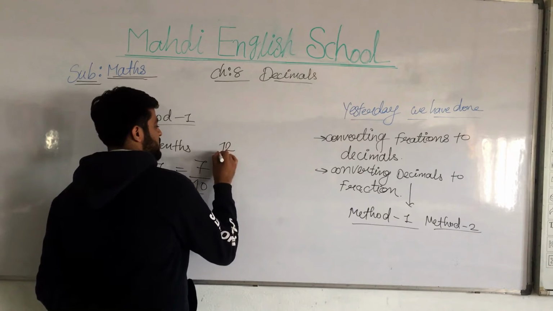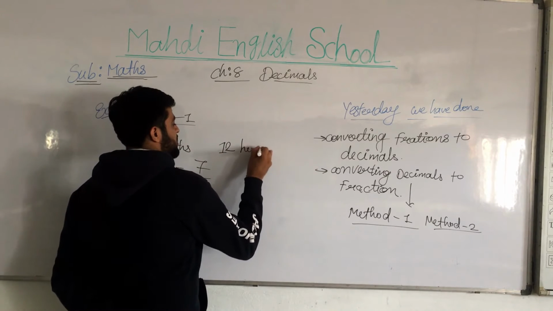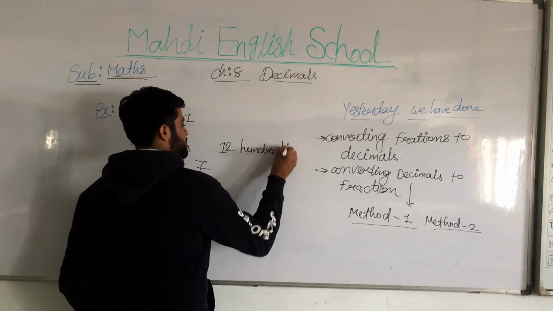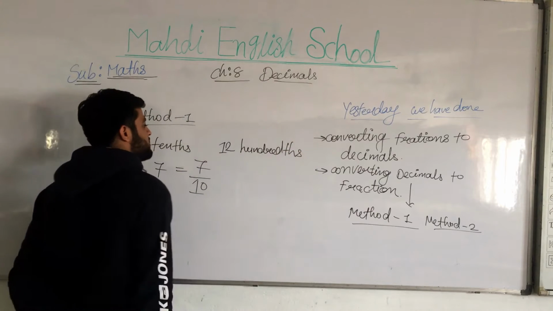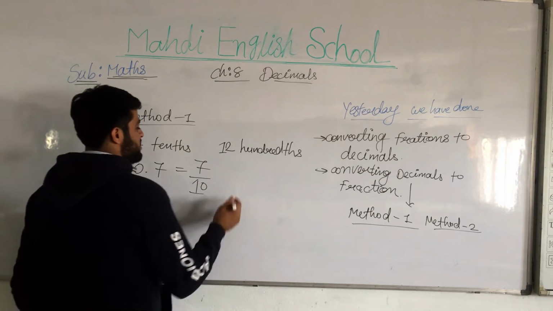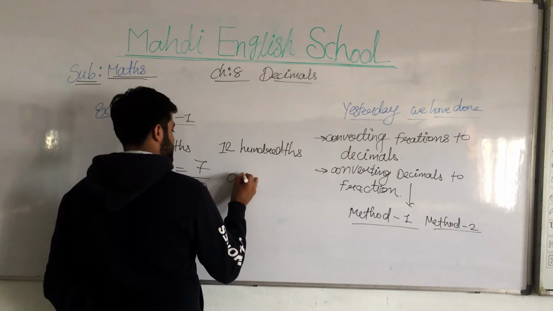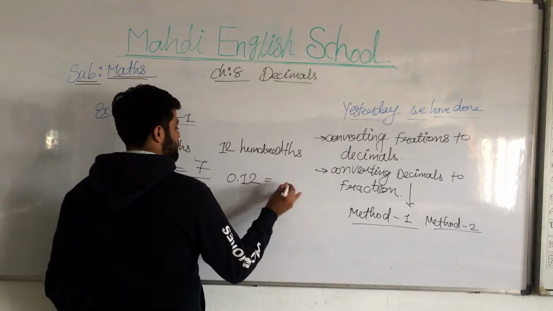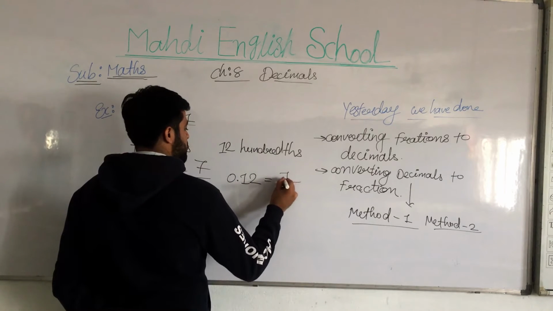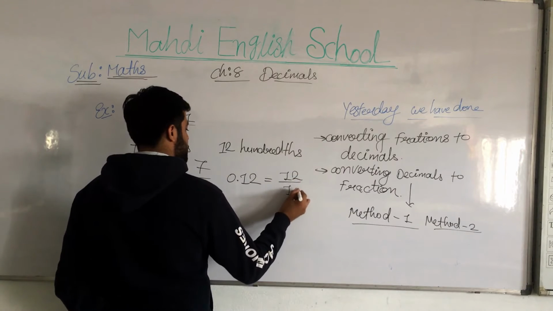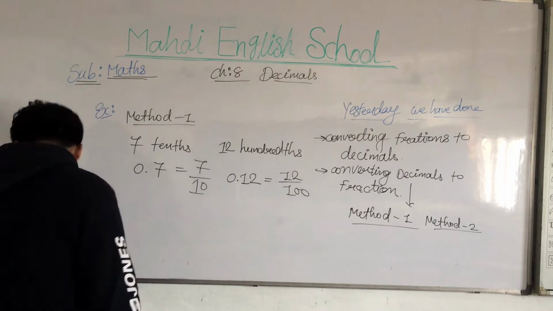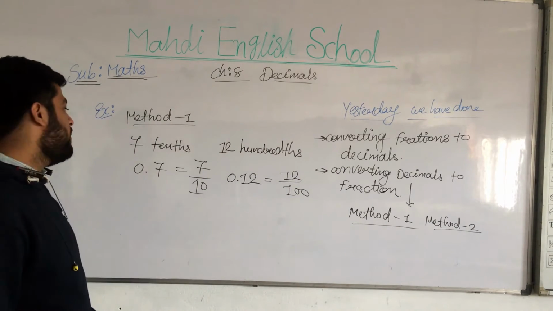Then now for 12 hundredths, what is it? It is 0.12, and its fraction is 12 upon 100. Understood?